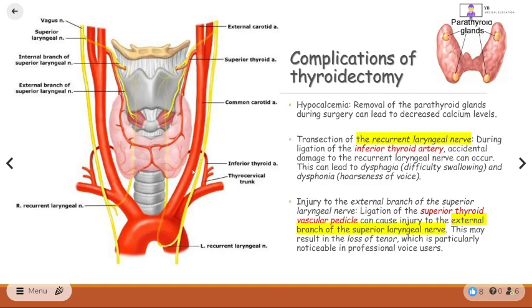Or if you ligate the inferior thyroid artery, you could damage the recurrent laryngeal nerve. It's called recurrent because it goes down and then goes back up. So you could damage the recurrent laryngeal nerve or the external laryngeal nerve.